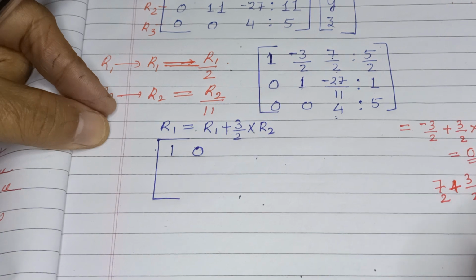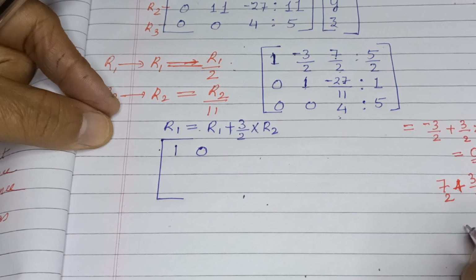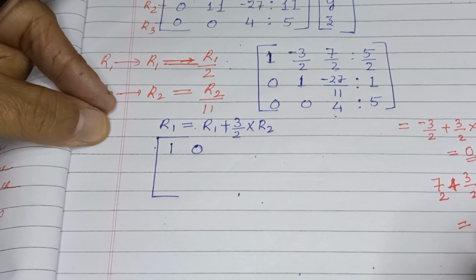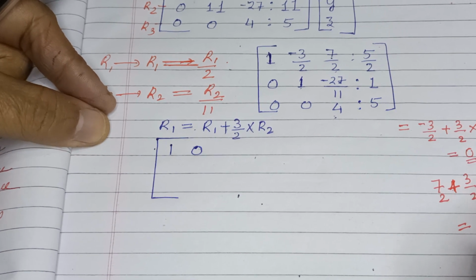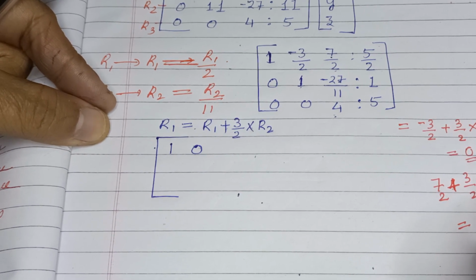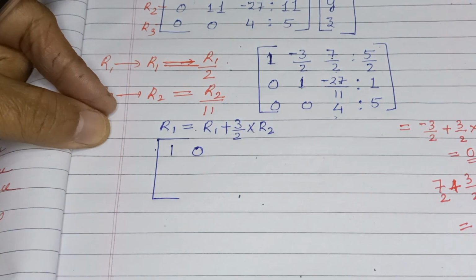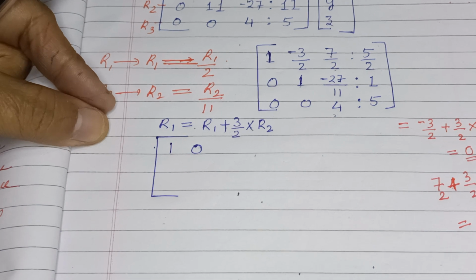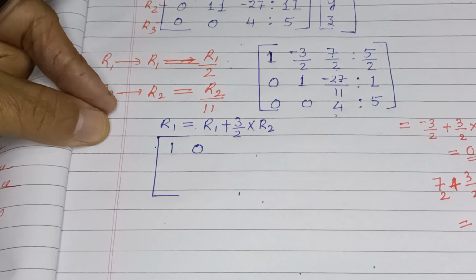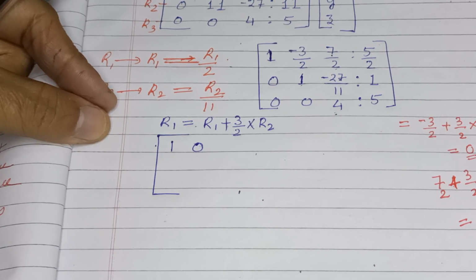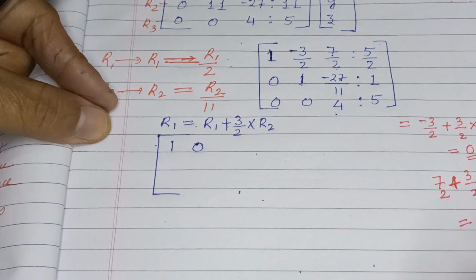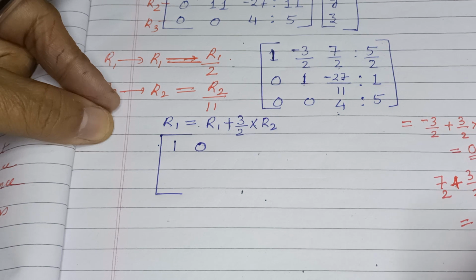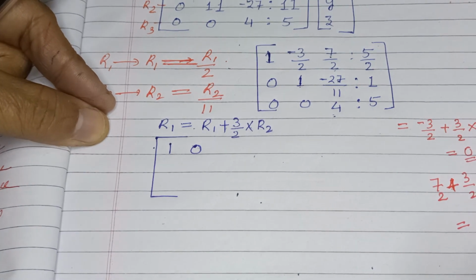That's what we got. If we do this total sum and simplify this equation, I get the value minus 2 by 11.